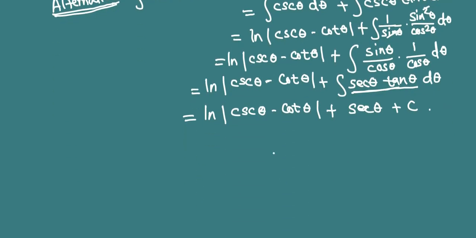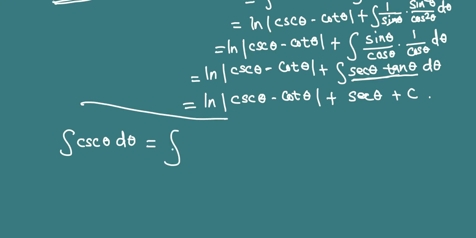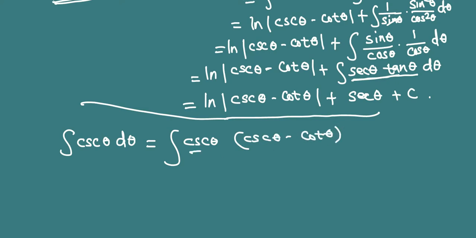If you are wondering how we found the antiderivative of cosecant theta, that is just a basic u substitution, but you need to do something before you make that. You want to multiply cosecant by cosecant minus cotangent, multiply the top, multiply the bottom.